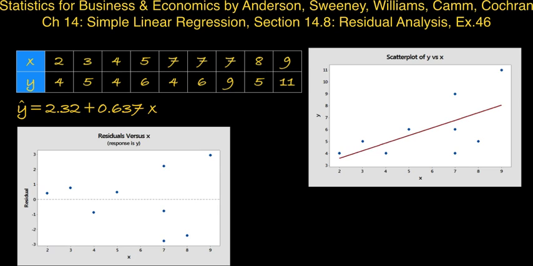The third assumption is that the values of the error terms are independent, and then the fourth one is that the error term has a normal distribution. We don't need to check those in this case because we've already become concerned that the constant variance assumption is violated, and so it only takes one assumption to fail for the whole model to be cast into doubt.